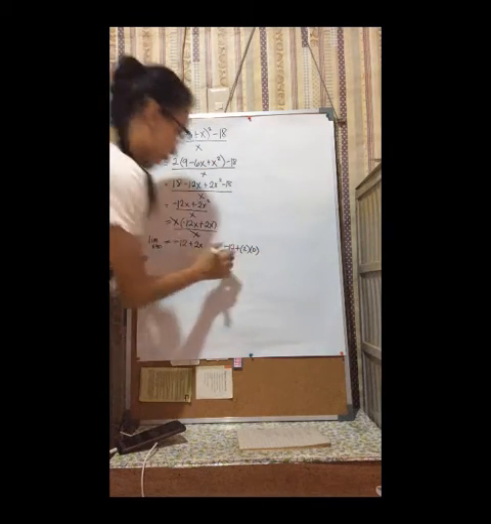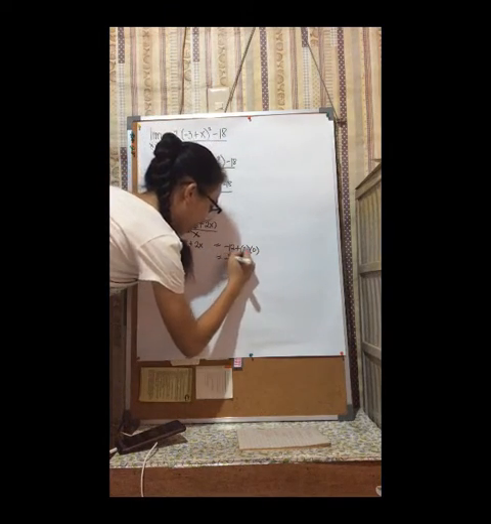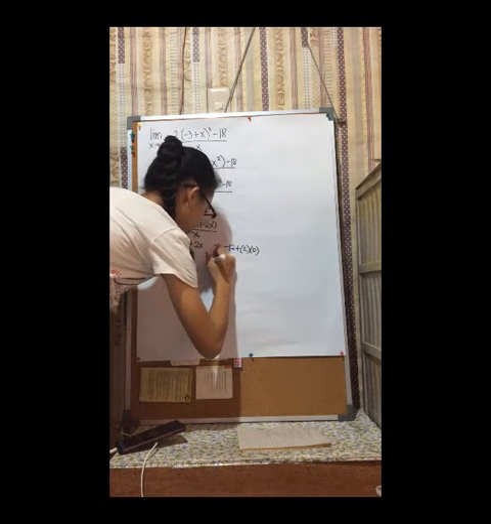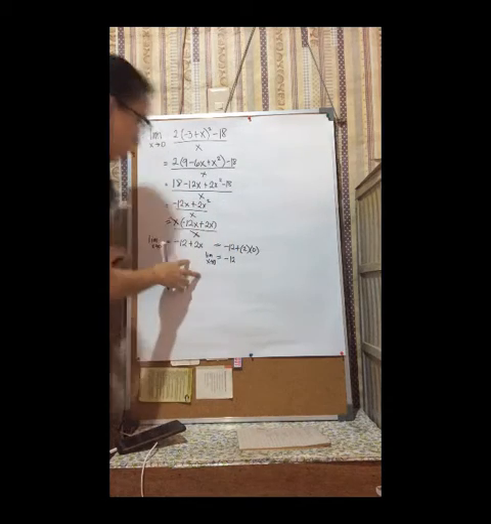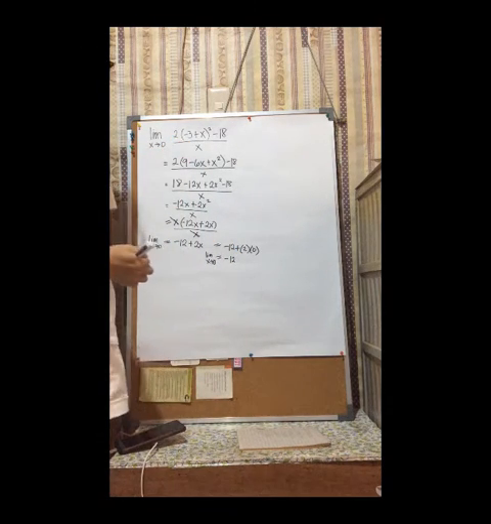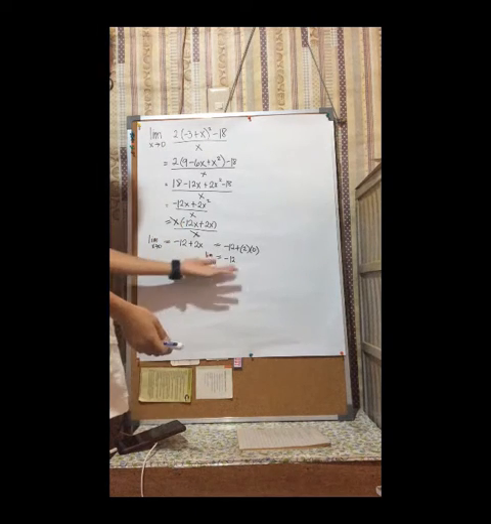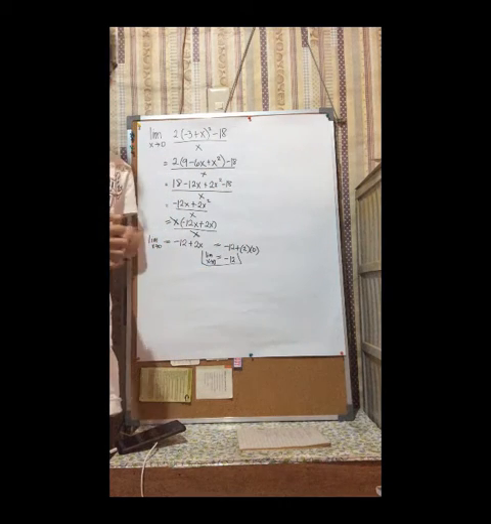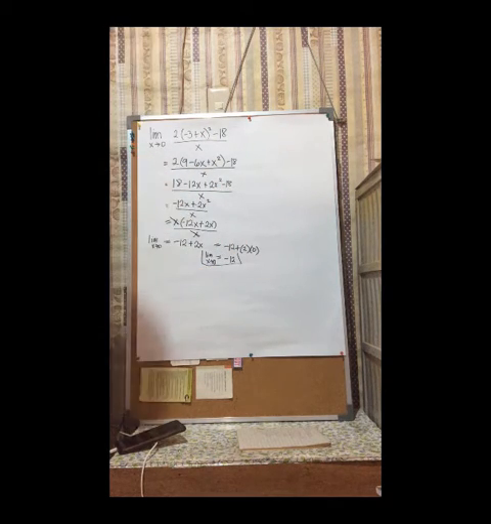So what we have is negative 12. The limit of 2 times the quantity of negative 3 plus x squared, minus 18, over x as x approaches 0 is negative 12. Thank you.